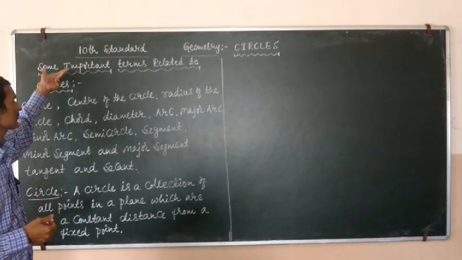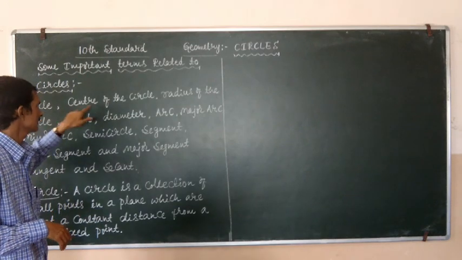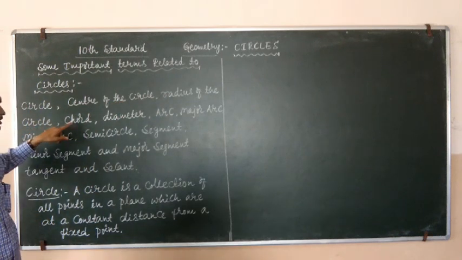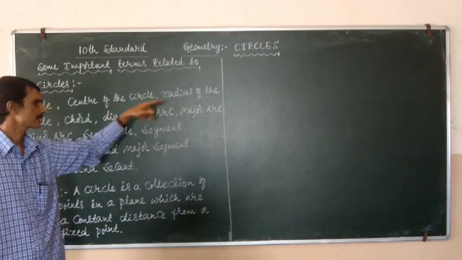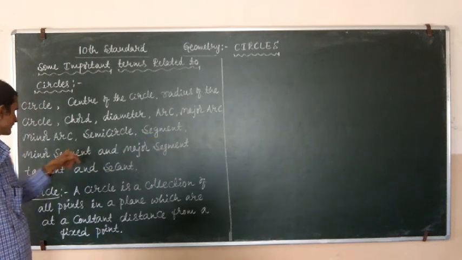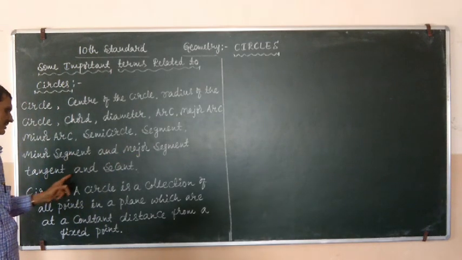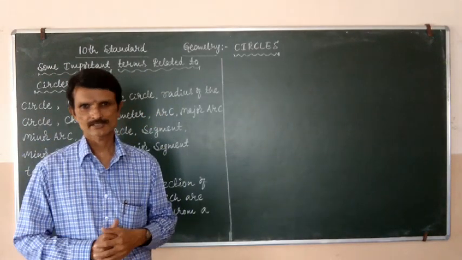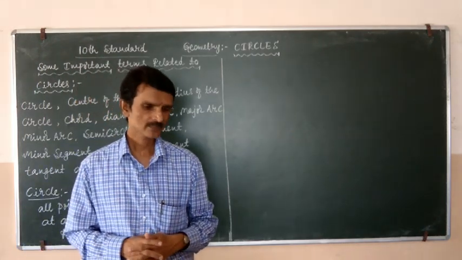They are some of the important terms: the definition of the circle, center of the circle, radius of the circle, chord, diameter, arc, major arc, minor arc, semicircle, segment, minor segment, major segment, tangent and secant, which we have studied in the previous classes.